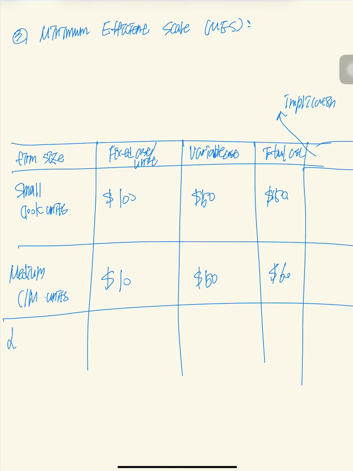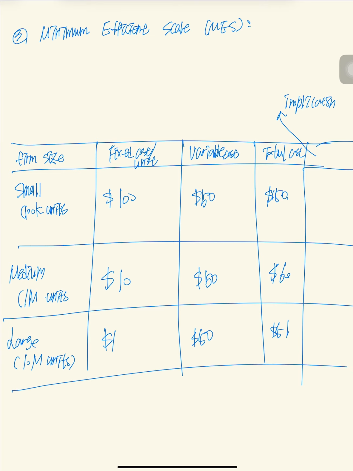And a large firm produces 10 million units. The fixed cost is 1, variable cost is 50, total cost is 51. So it's good.